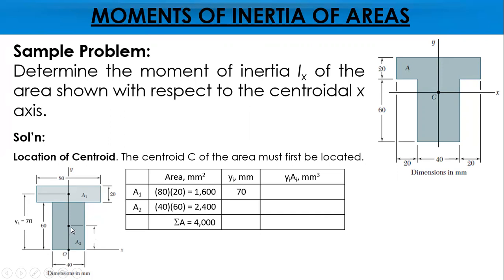For the second element, 60 high, the centroid is at the middle, and y2 is 30. For this column, you multiply y and A: 70 times 1,600, 30 times 2,400, and then we add. And we can now solve for y bar.